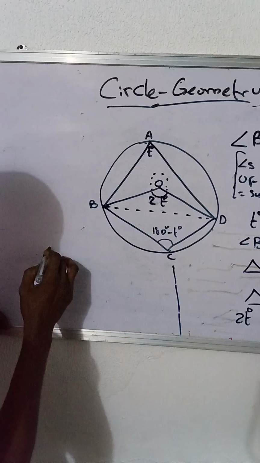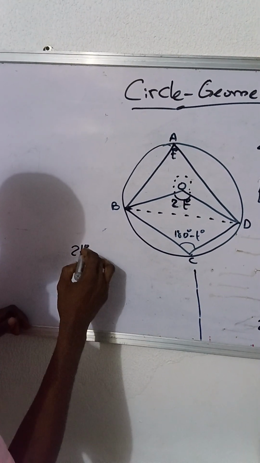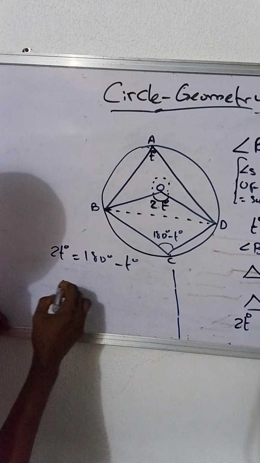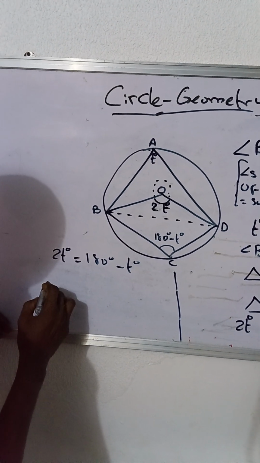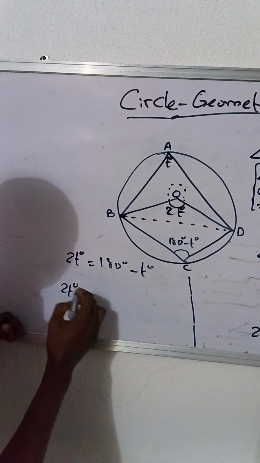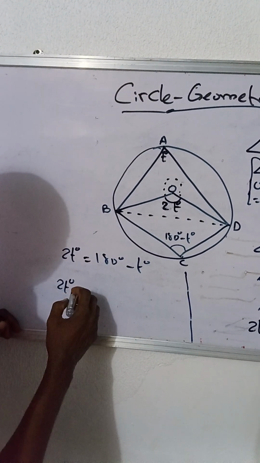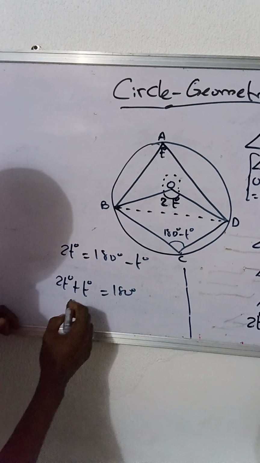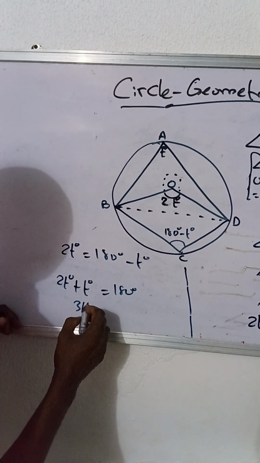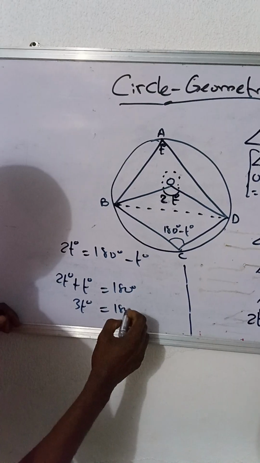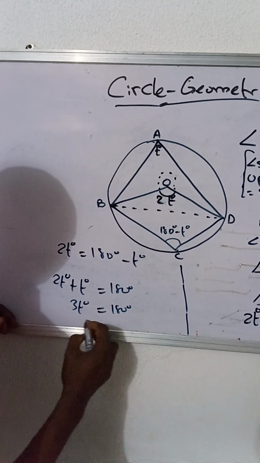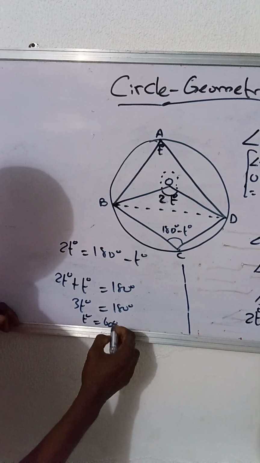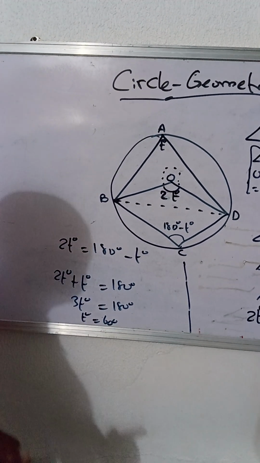To get the value of t is going to be easy. Here we have 2t degrees equals 180 degrees minus t degrees. Then bring this t degrees to the other side, plus t degrees equals 180 degrees. So we have 3t degrees equals 180 degrees. Then definitely t equals 60 degrees.